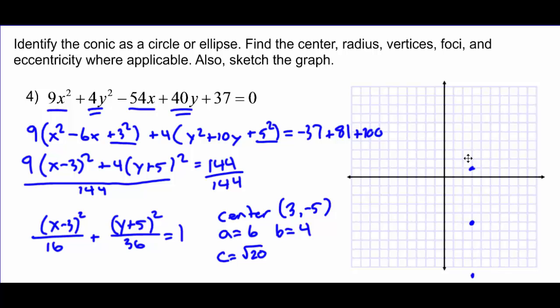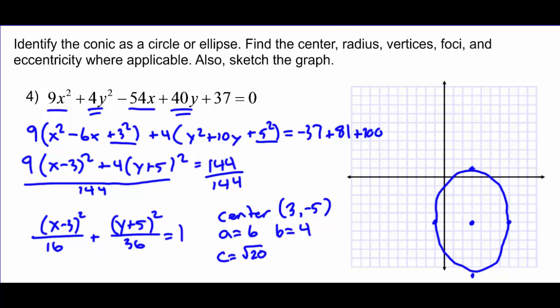That's all right, we can live with it. And then the horizontal is connected with the b term, which tells us we got to move 4 spaces in those directions, and then we can go ahead and sketch. All right, there's our ellipse.